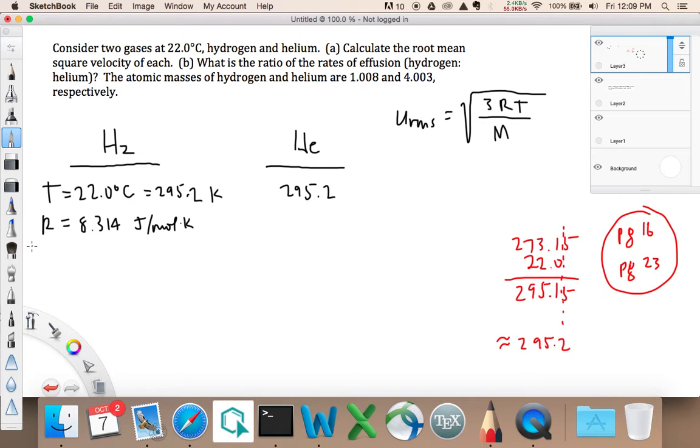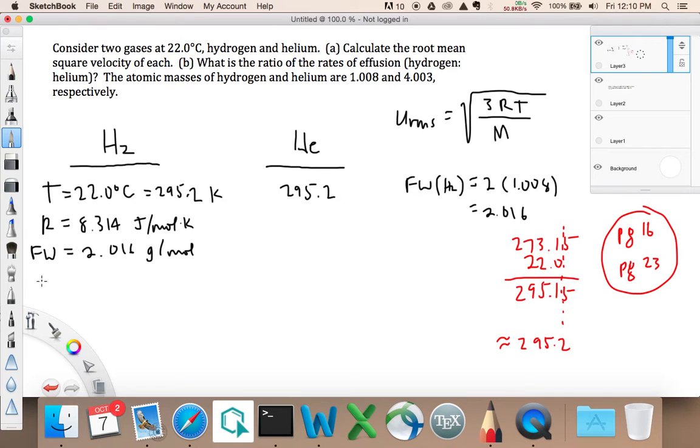And M. All right, so instead of getting M first, I'm going to do formula weight. The atomic mass of hydrogen is 1.008. So the formula weight of H2 is going to be 2 times 1.008, which is equal to 2.016 grams per mole.